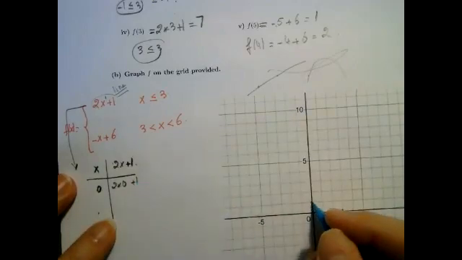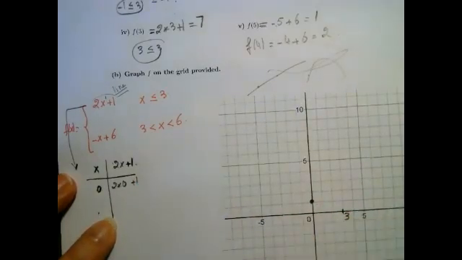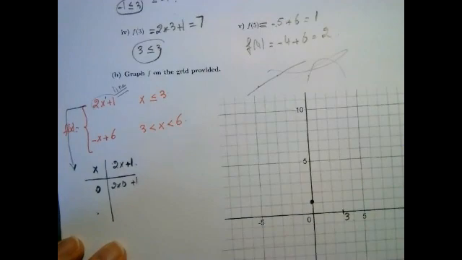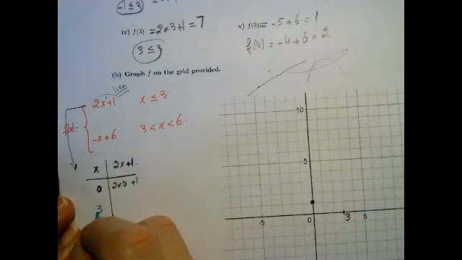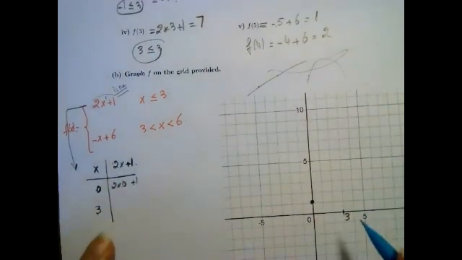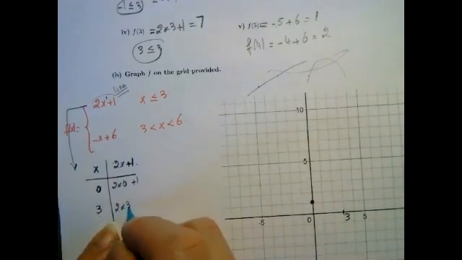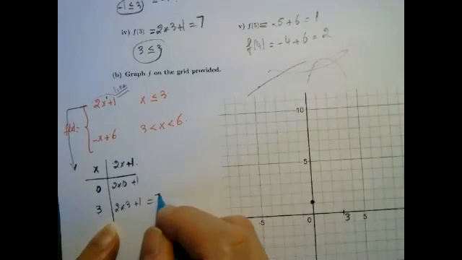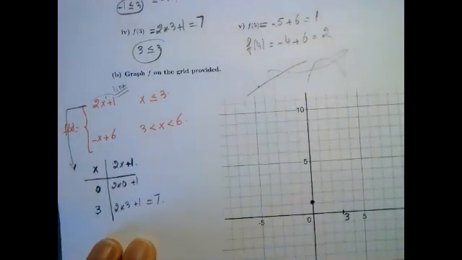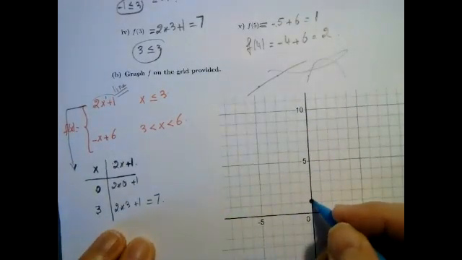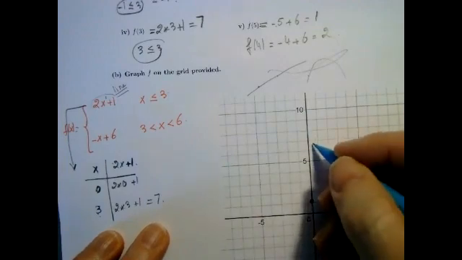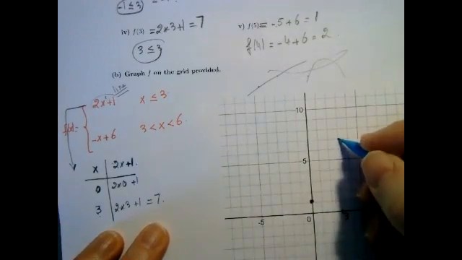So at 0, I am at 1. At 3, when the input is 3, the function takes the value 6 plus 1, which is 7. So now my line, at 0, takes 1. At 3, it's 7, right here.